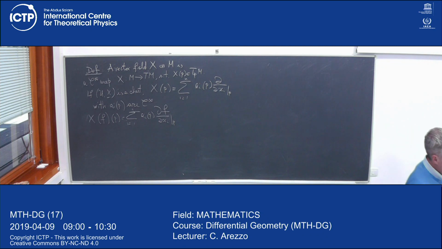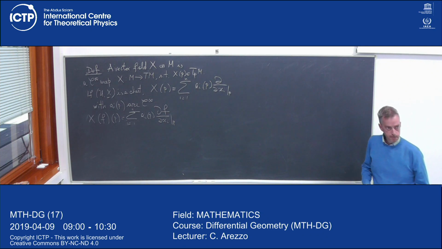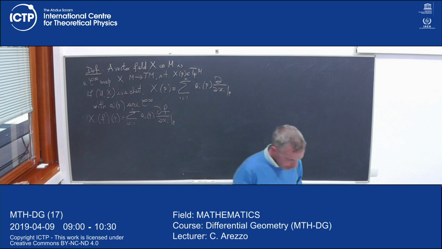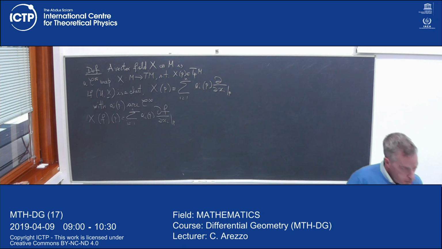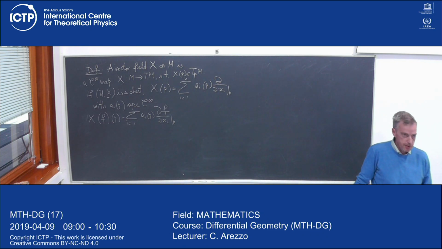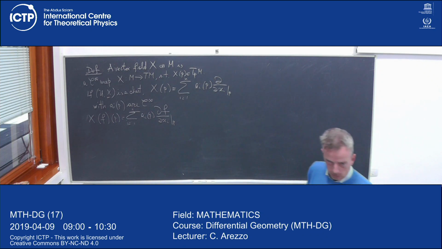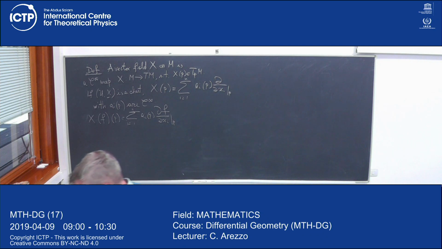So remember, vector fields act on functions and give me functions. So in some sense, you can also say that the smoothness of the vector field is the fact that it takes smooth functions to smooth functions. That's an equivalent way to rephrase it.